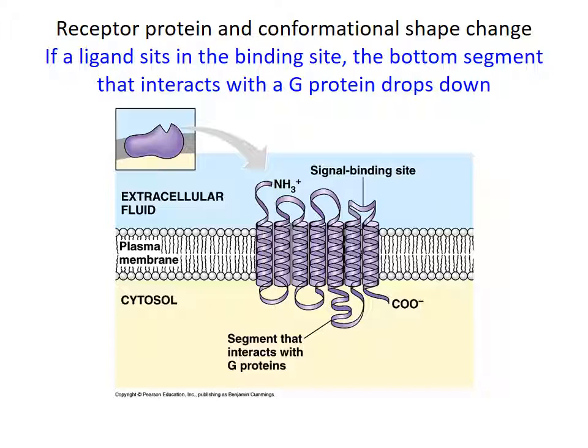Again, a conformational shape change in the receptor protein is going to set off the transduction pathway. Once again, the ligand binds at the signal binding site, causing a conformational shape change, which will then set off a transduction pathway.